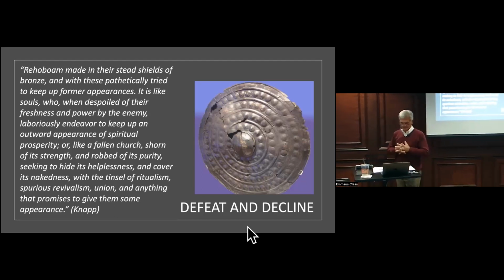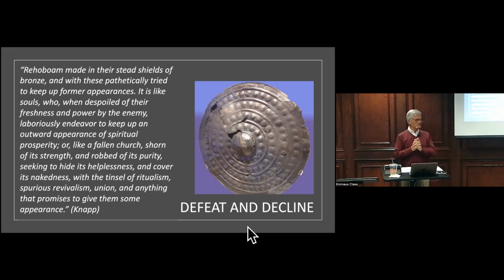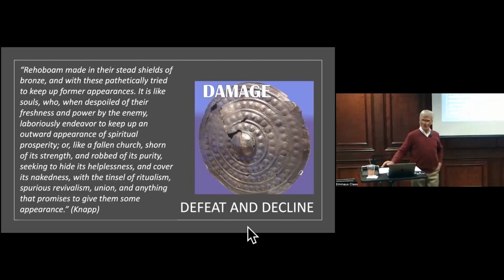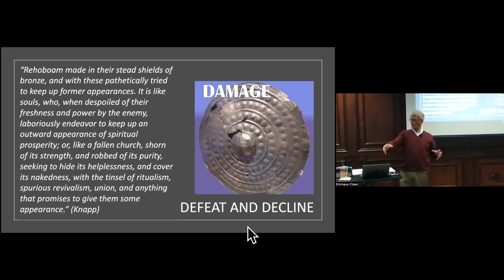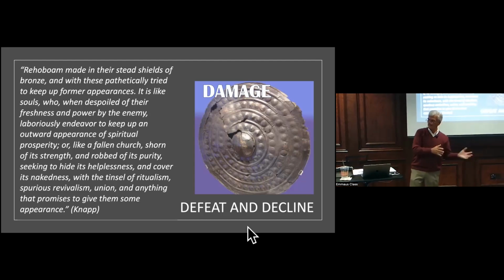That's symbolic. When a leader and a king leads a nation away from the Lord, then the Lord abandons them to this kind of trouble, and he causes 3 things to happen. He brings great damage on the nation. Think about that. All those 15 fortified cities were reduced to rubble. Think of the people who lived there. Think of the soldiers who had to defend it, who were killed and destroyed.